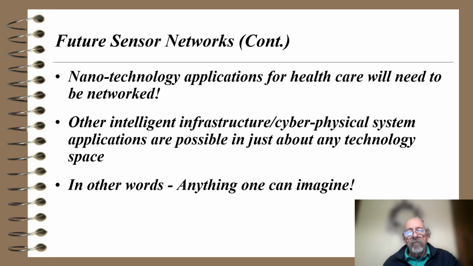Other intelligence infrastructure and cyber physical system applications are possible in just about any technology space. In other words, anything one can imagine. So control systems have expanded to go to any type of system that would be enhanced by a smart control system. That's it for this one.